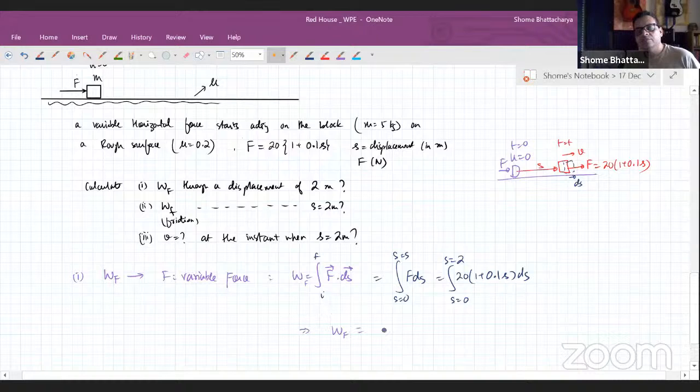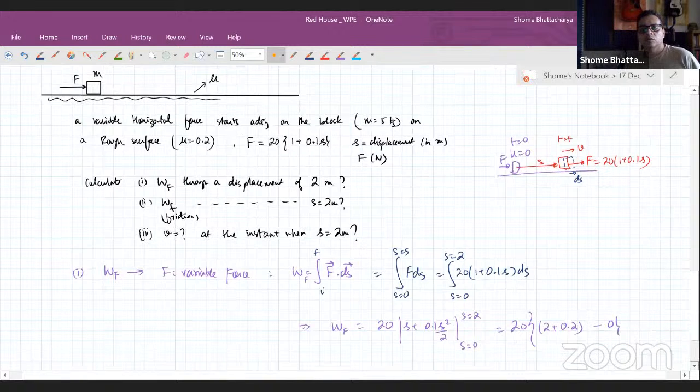So work done by F is going to become 20 into (s plus 0.1 s squared by 2) integrated from s equal to 0 to s equal to 2. The upper limit will become 2 plus 0.2, and the lower limit will be 0.